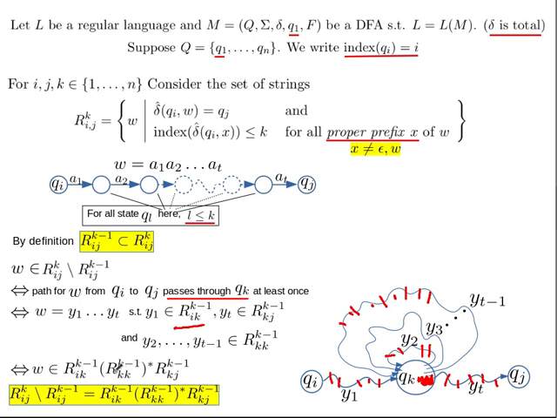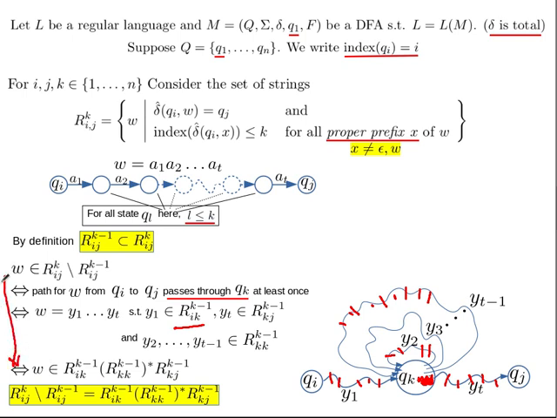So this multiple path here is captured by this whole thing star, and this is captured here, and this is captured here. So this w will be here, and so we have proved this direction, from here to here.